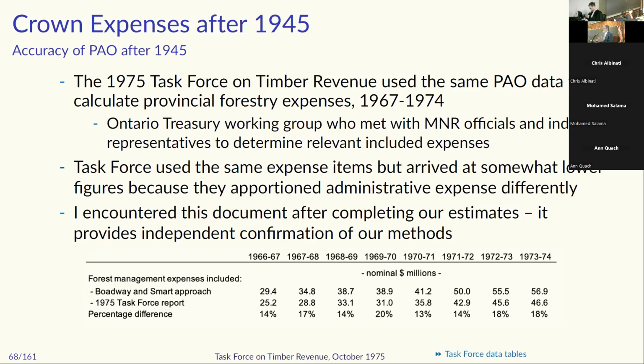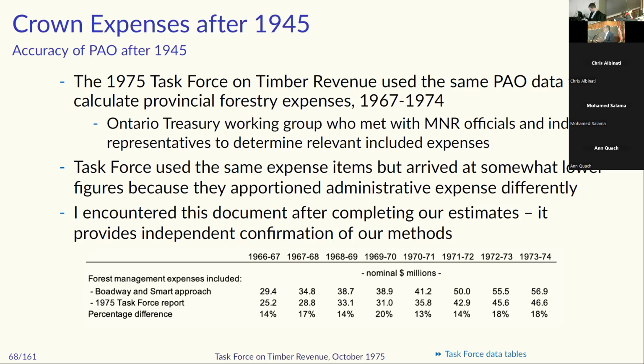And here, I want to introduce to the court's attention one more document. That is the 1975 Task Force on Timber Revenue Report. This was an internal working group of the Ontario Treasury who were tasked with determining what the Crown's expenses to support forestry revenue were at that time.